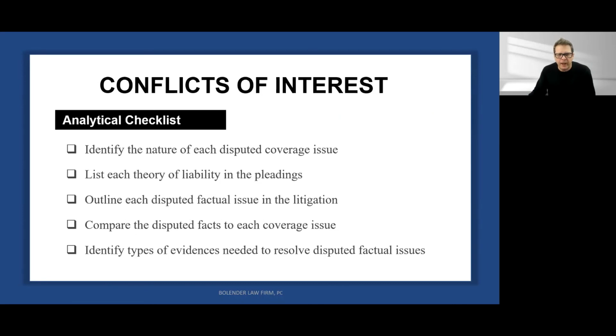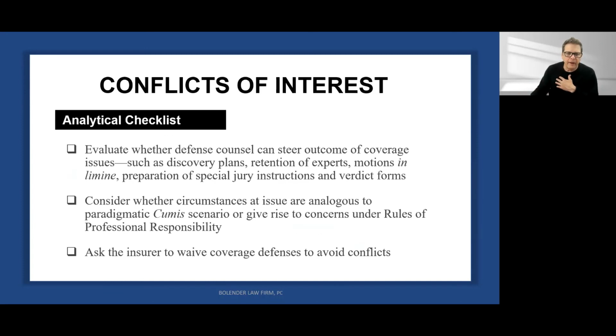All right. Now, I'm going to leave this section with a couple of slides that essentially set forth an analytical checklist for evaluating whether or not a reservation of rights creates a disqualifying conflict of interest. I don't have time to go through all of these. I will let you just read that on your own time.